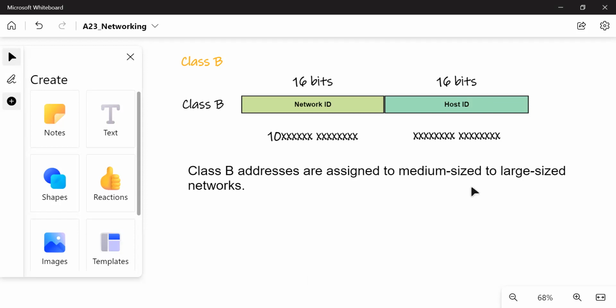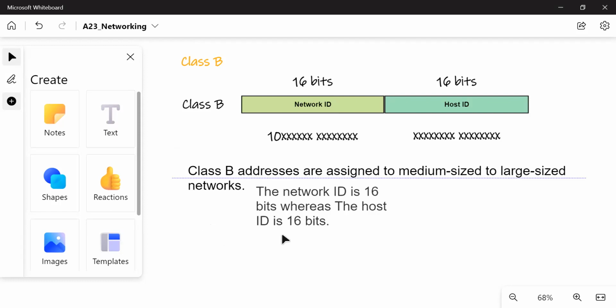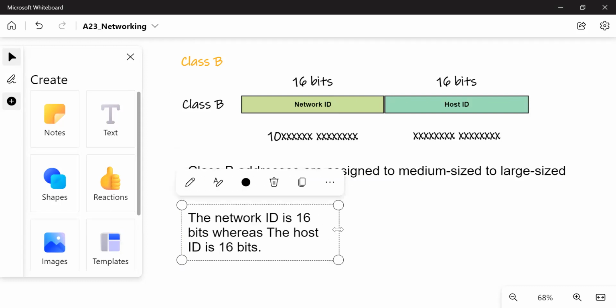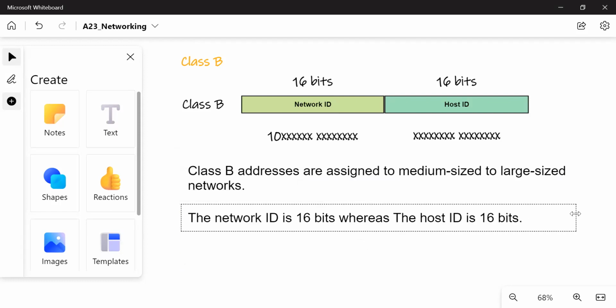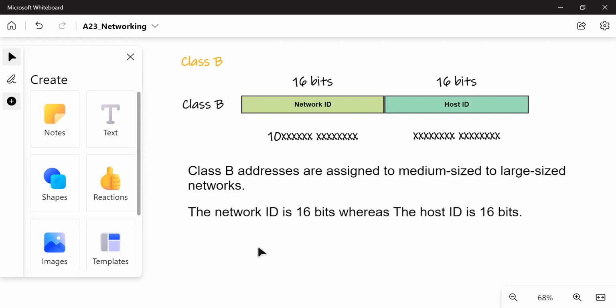And the next thing we can say, for the network we have 16 bits, and for the host we have another 16 bits. This is the second thing that we can talk about, the class B network.